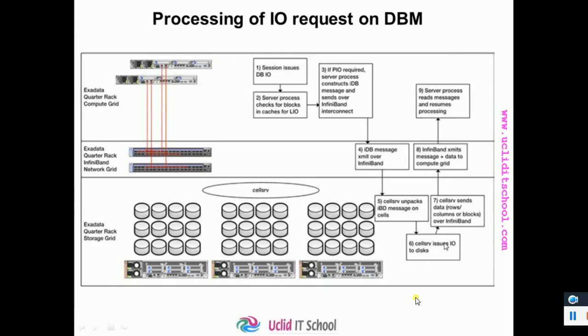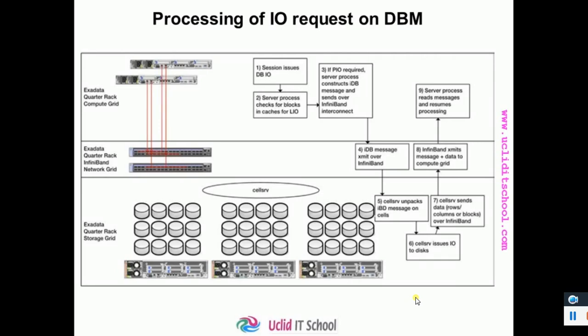And now here comes the intelligent feature. The Exadata storage server has an intelligent feature called Smart Scan. As required, the storage server may perform Smart Scan or a regular block scan.